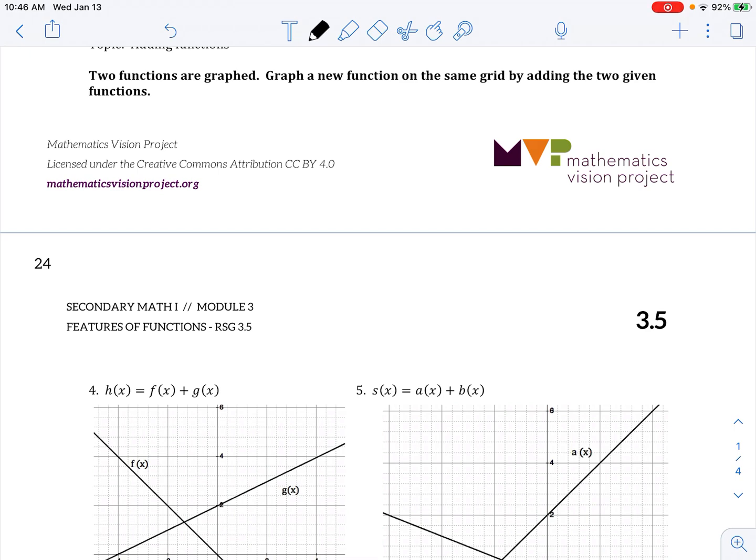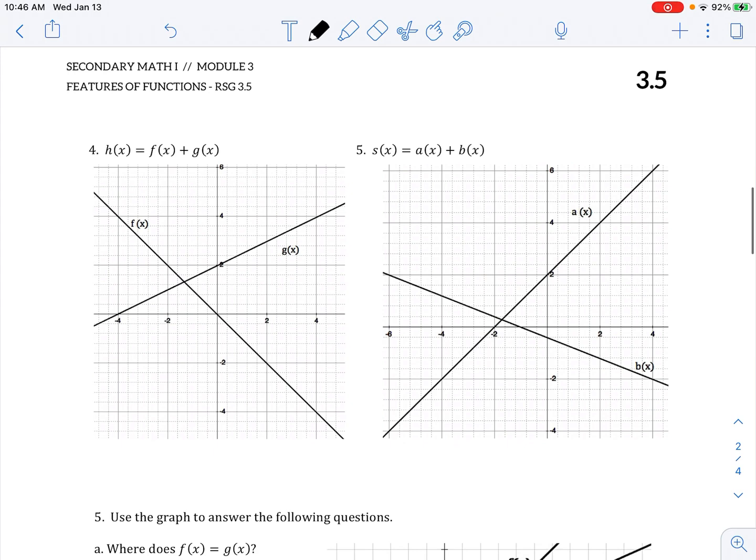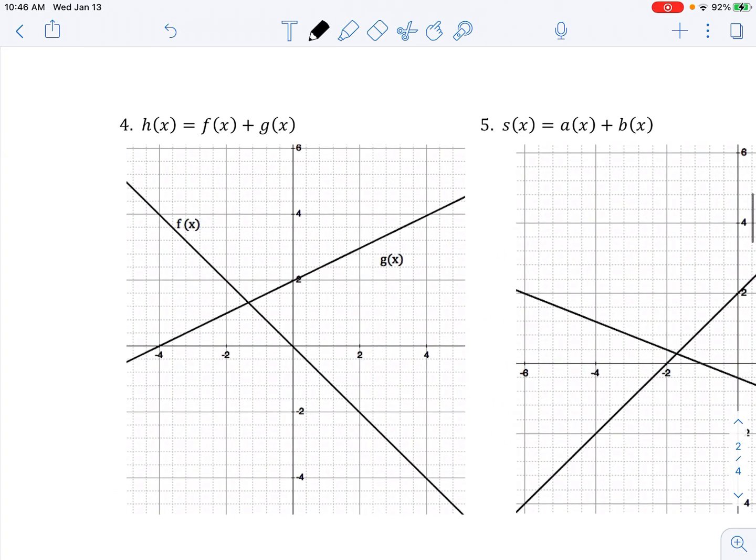Okay. The set says two functions are graphed. Graph a new function on the same grid by adding the two given functions. So what we can do is add outputs for the same input. So this output is 0, and this output is 4. 0 plus 4 is 4.